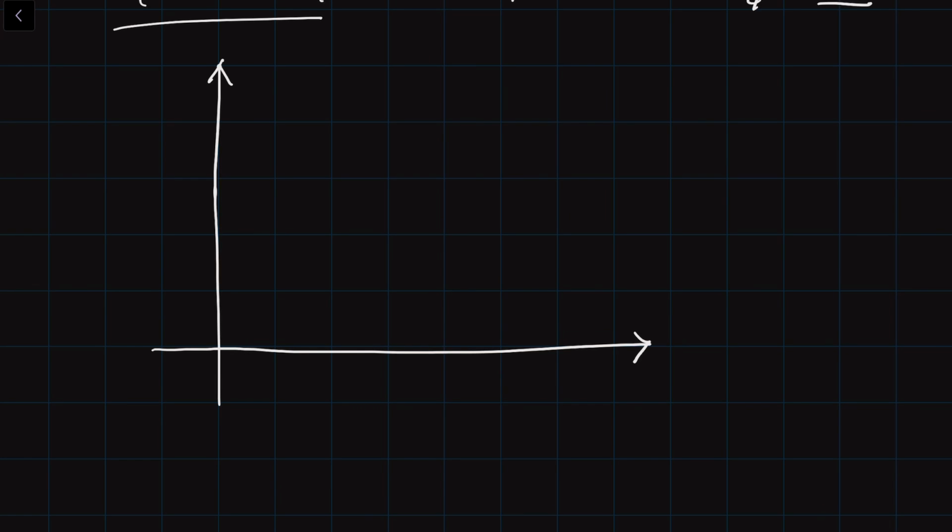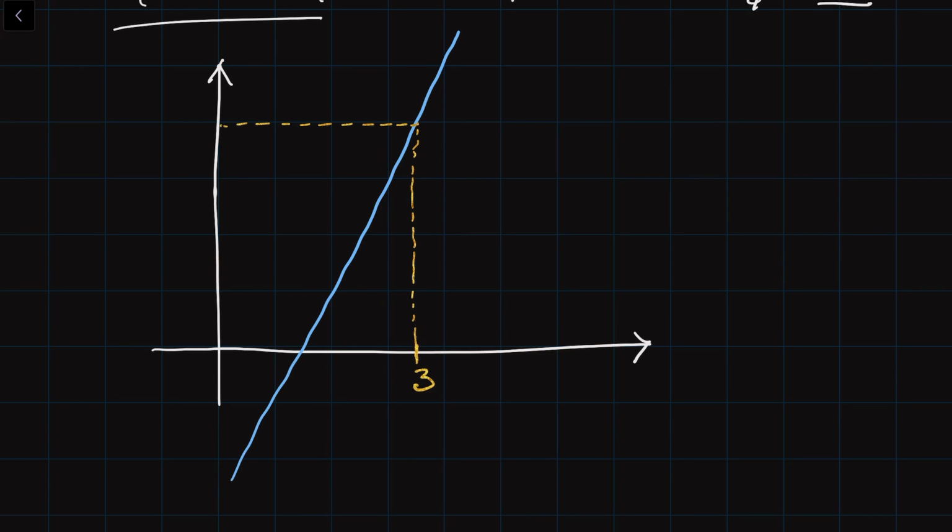Our function looks roughly like this, and when x is equal to 3, it becomes very close to 7. So this is 3 here on the x-axis, this is the y-axis, and this function here is y equals 4x minus 5.